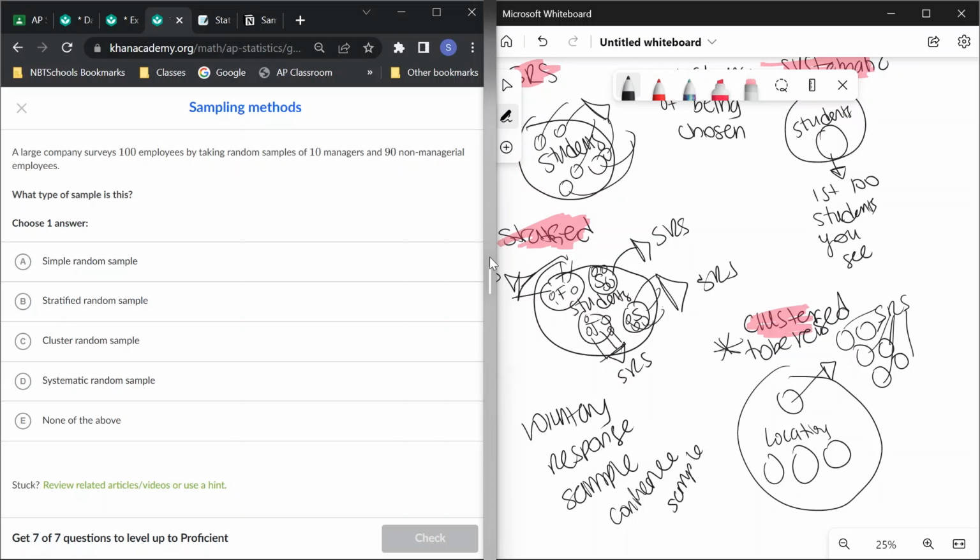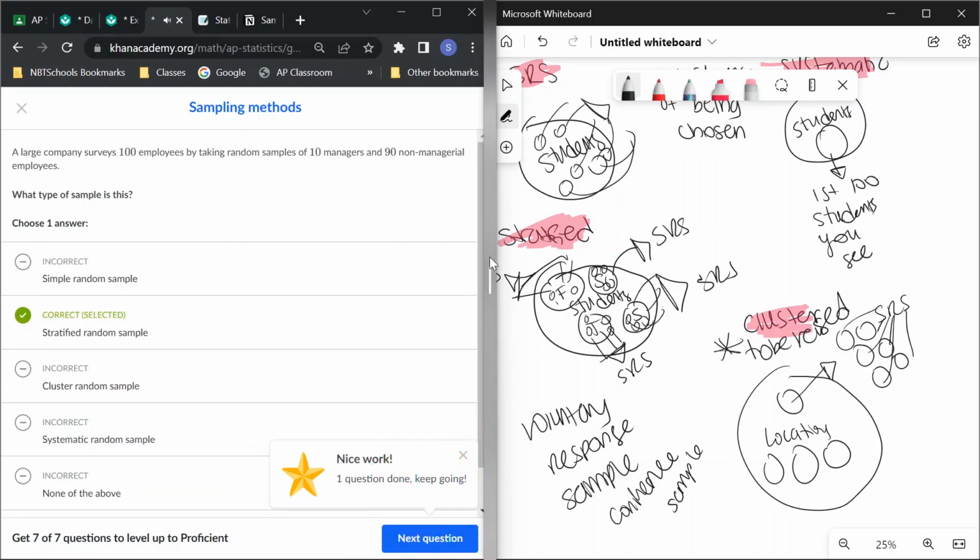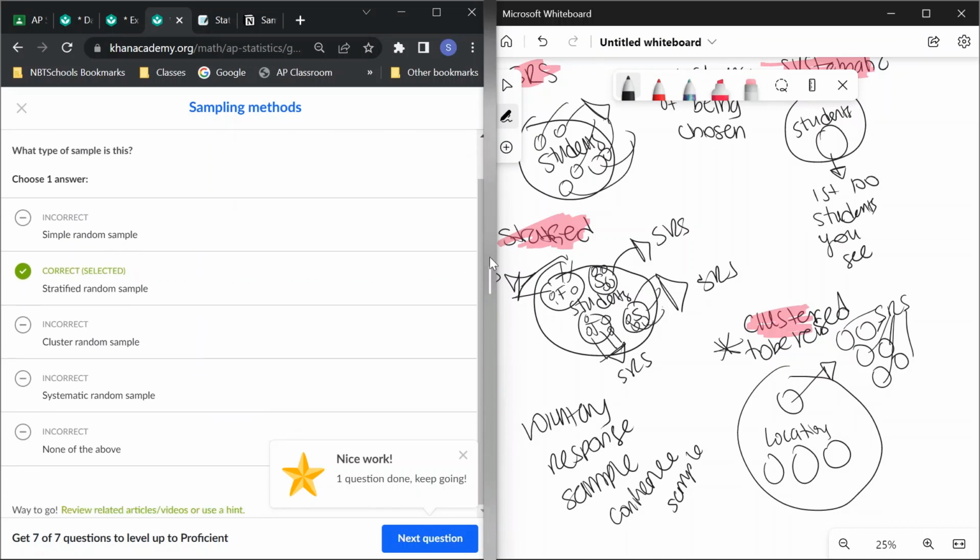Systematic? It's not systematic. Is it stratified? Because it's separating them into managers and non-managers and taking samples from each. Okay, whatever.